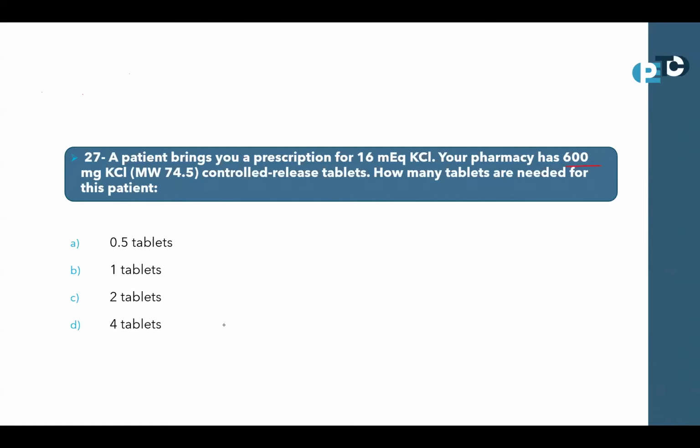How many tablets can you use to prepare this prescription? Firstly, we need to know the weight of potassium chloride present in these 16 milliequivalents. That means how many milligrams? How can we know that?